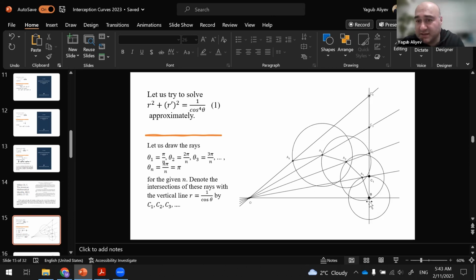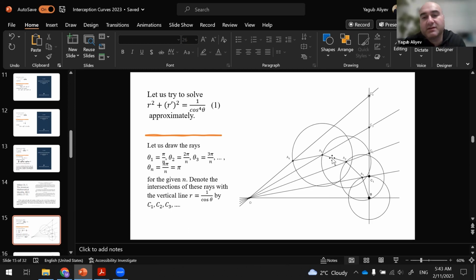Just take this as equal to this, drawing this compass, and then this equal to this. A1, A2 is equal to C1, C2, then A2, A3 is equal to C2, C3, and then A3, A4 using C3, C4. All of these are done using compass, as you can see here. So we achieved our objective.